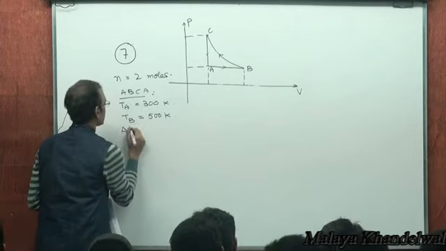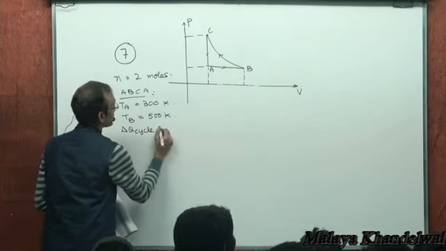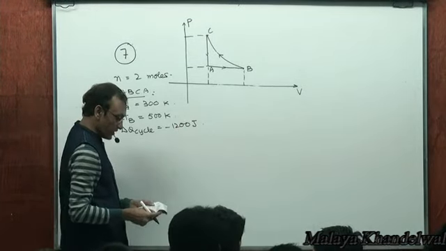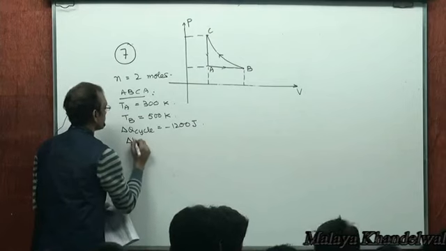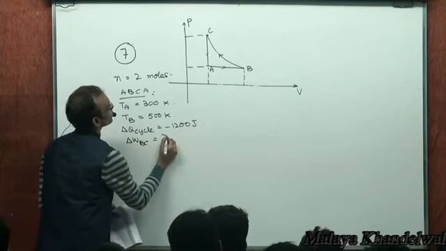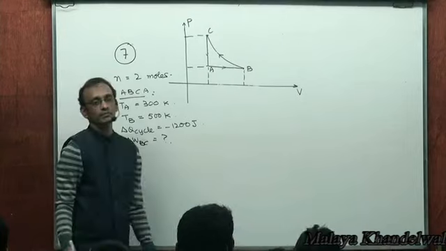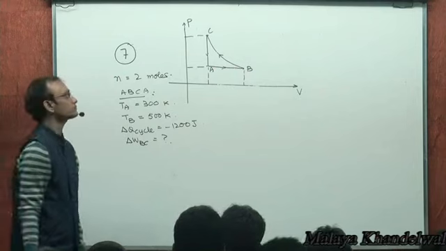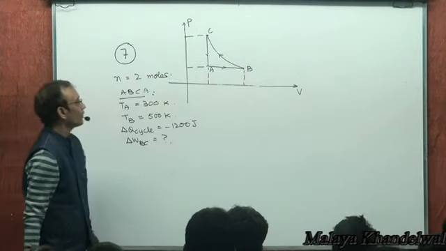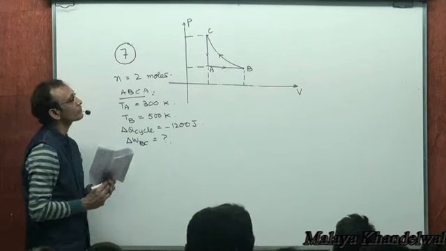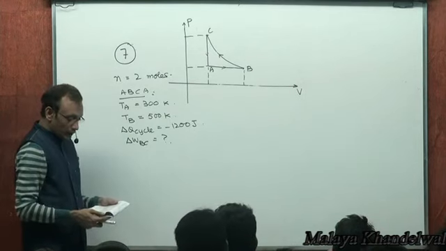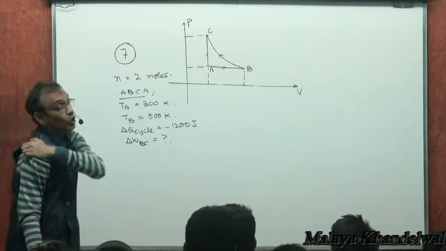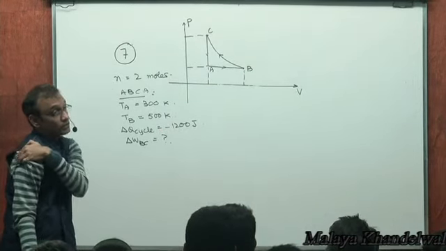That means delta Q in the cycle is minus 1200 joules. Right? We want to find the work done by the gas during BC. Now, realize that if I go from A to B, constant pressure process, right?